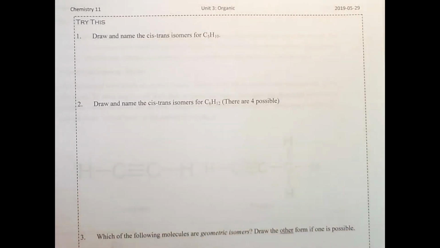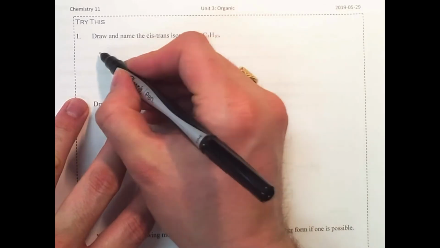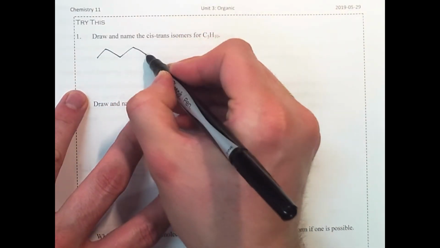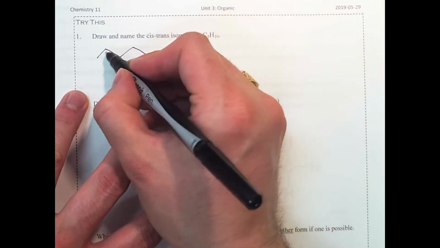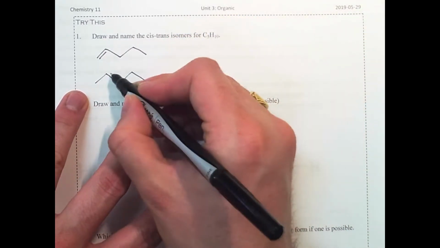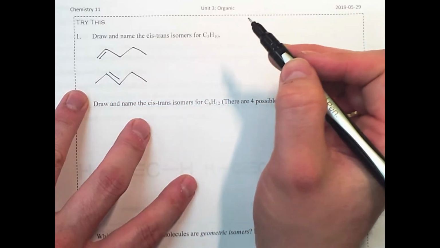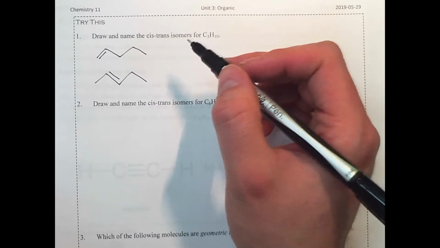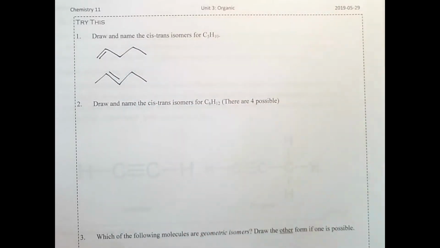So it says draw and name the cis-trans isomers of C5H10. So I'm going to do line diagrams because I find that easier. So 2, 3, 4, 5. So there's 1, 3, 4, 5, 1. So again, those are two structural isomers for the molecule.